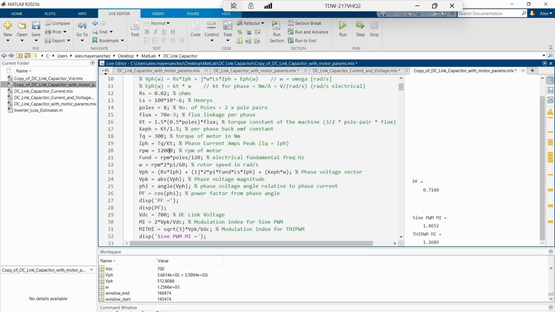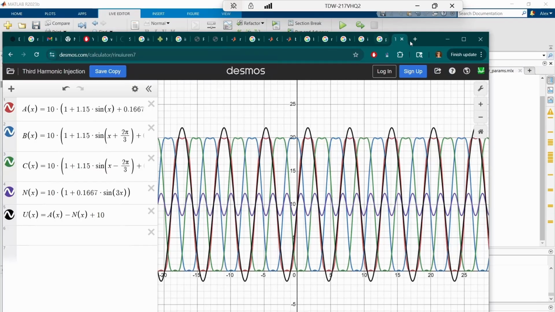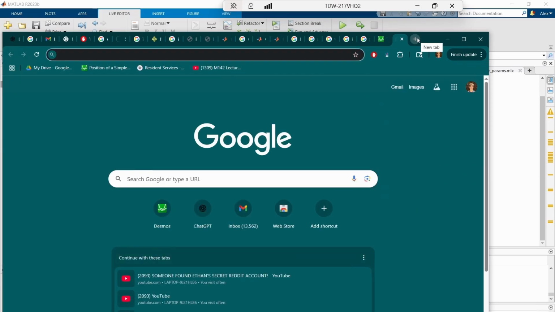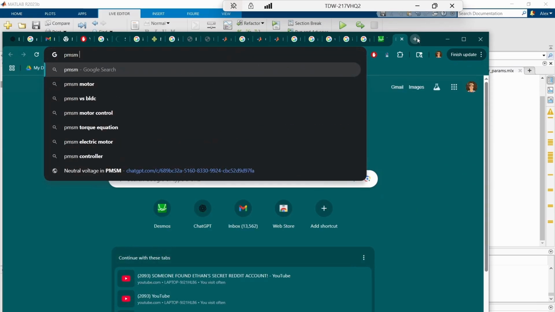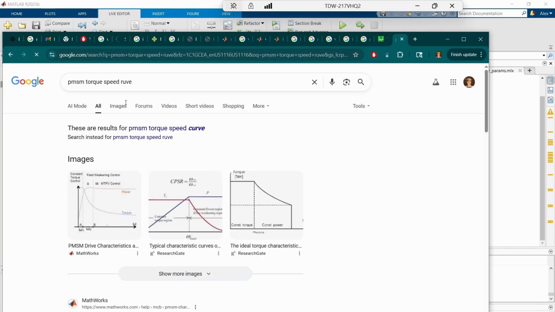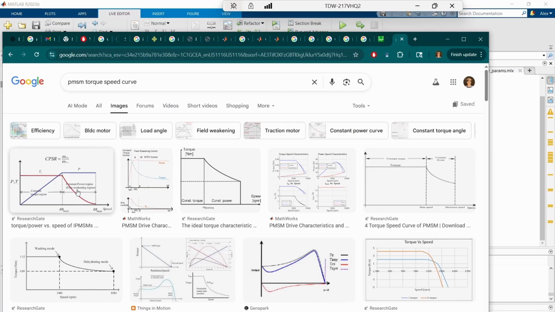But that's basically called the base speed. Let's just search it up. Permanent magnet synchronous motor torque speed curve. So yeah, I covered this in a previous video.